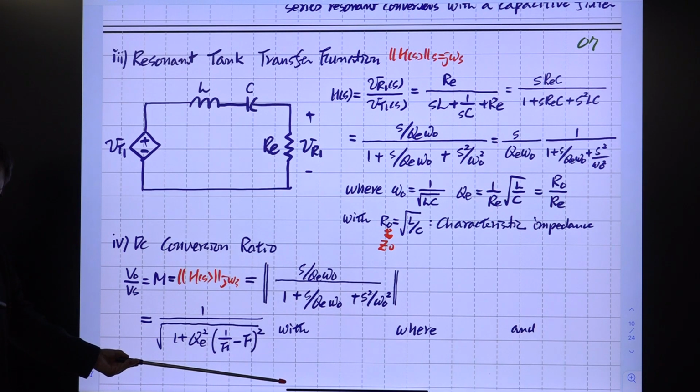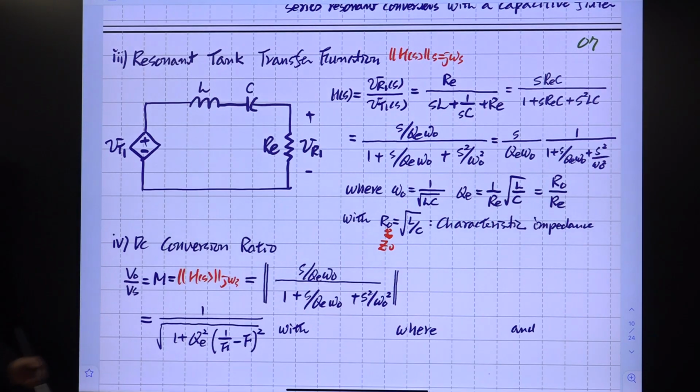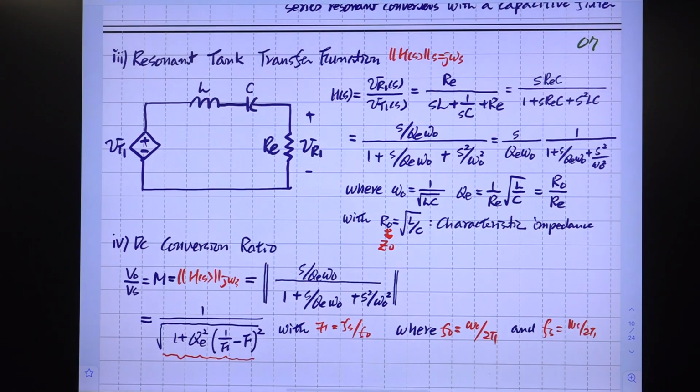Then you will have this. Okay, this is the magnitude relationship, and this F is the ratio between the switching frequency and the resonant frequency. F naught is just the resonant frequency in Hertz. Fs is just the switching frequency in Hertz. Right? So this is the final equation.